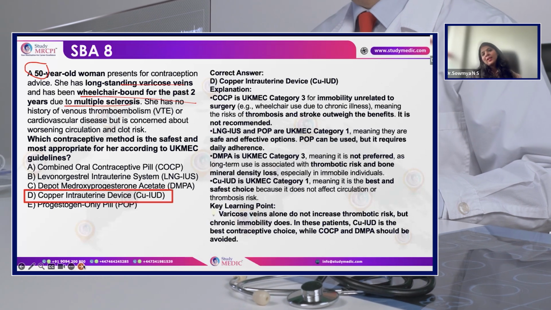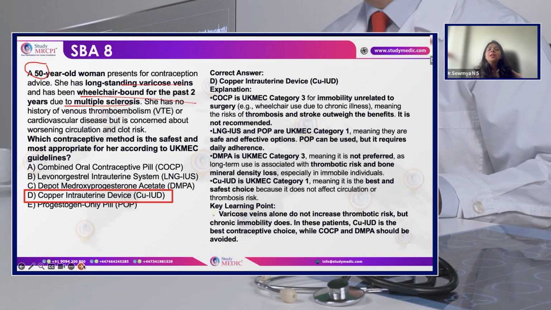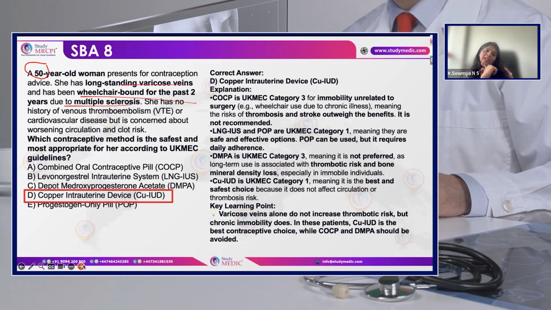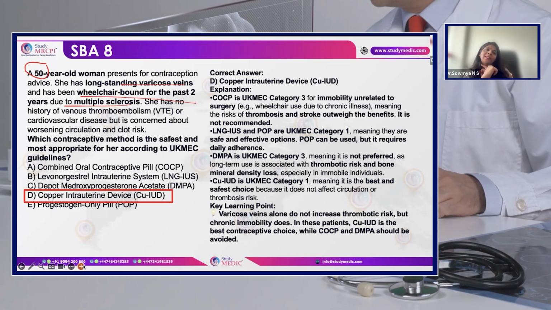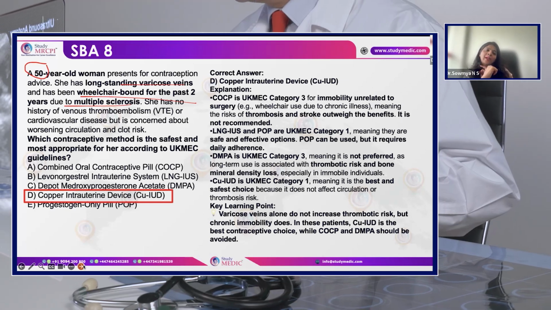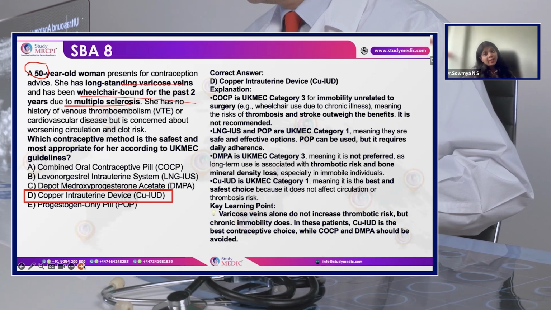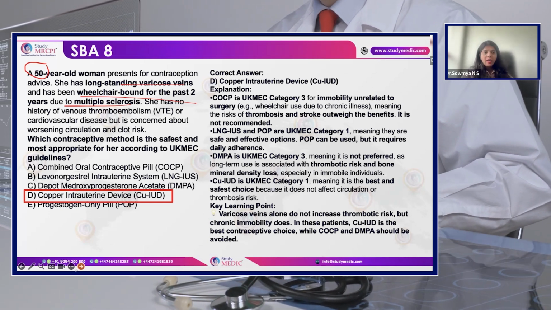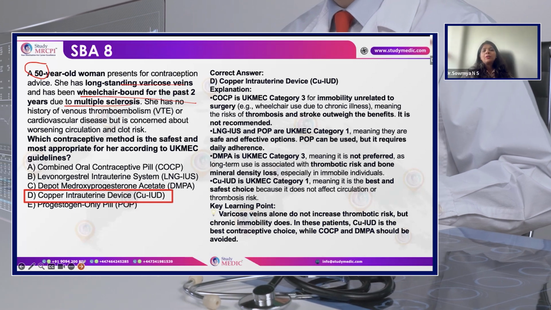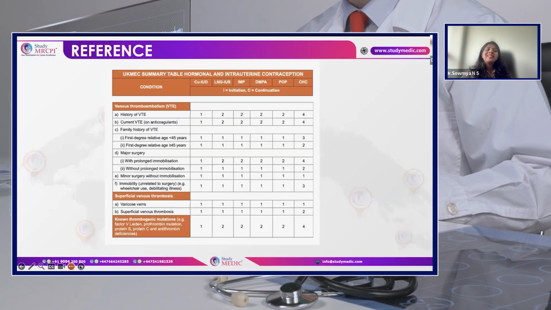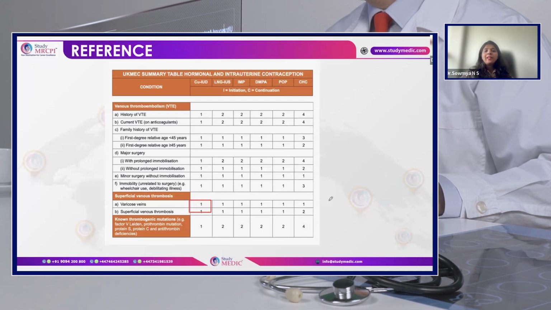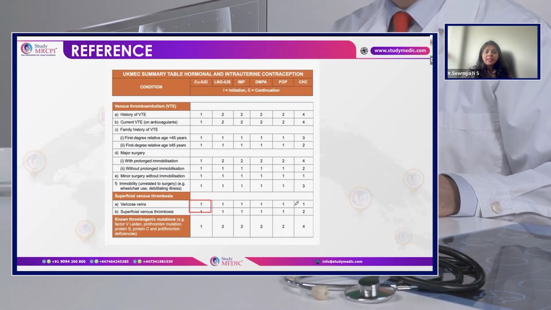Once again, copper T is always a winner, because whenever there is an immobility, you know that there is always a risk of VT, and with multiple sclerosis, once again, she would be always at risk of having VT, plus she is 50 years old. So you always think whether to use a hormonal method or not. And varicose veins also very important because it doesn't increase the risk of thrombosis as such. You can see everything in varicose veins, including CHC, is category 1.